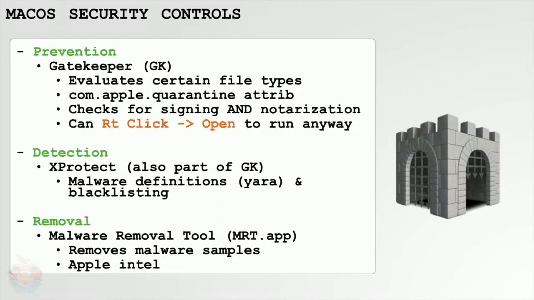From a red team perspective, which is what I do currently at Zoom, red teaming environments that are primarily macOS, Gatekeeper is really the biggest hurdle of these three. XProtect and MRT don't really come into play much for red teams, because we often write our own tooling for red team exercises, whereas XProtect and MRT are based on real-world samples that Apple has seen.